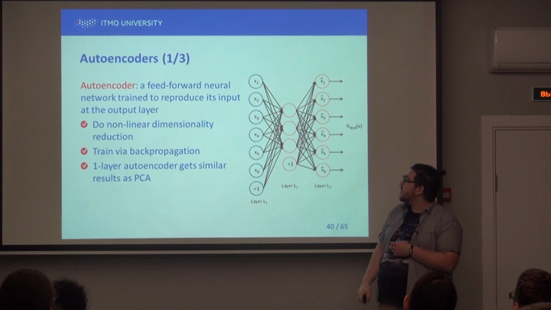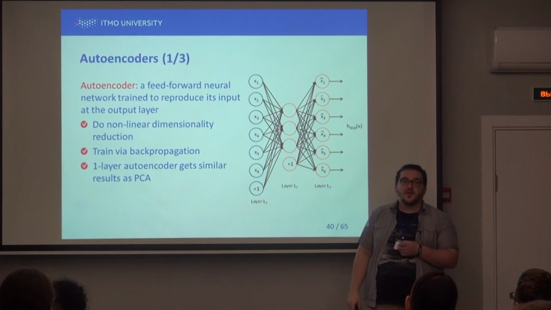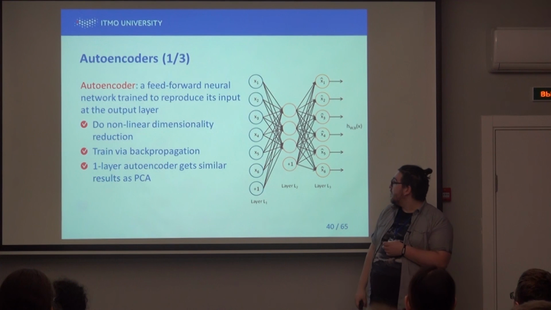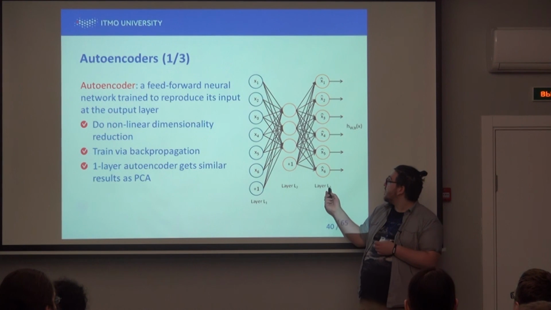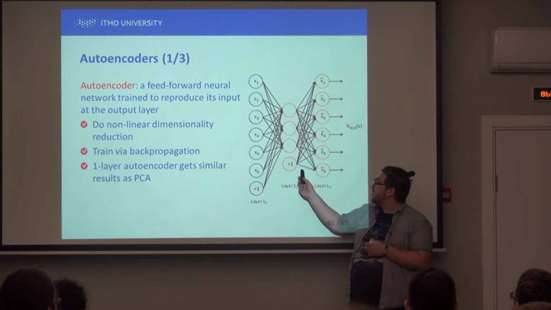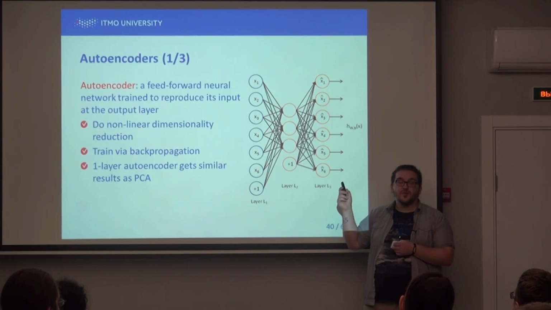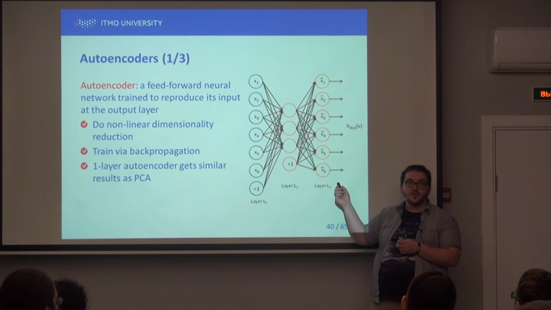Okay, another important architecture is autoencoders. They are not used for prediction, but they are used for data compression. So what are they? We have an input layer, we have an output layer, and we have an inner layer, which is much smaller than the input layer and the output layer.